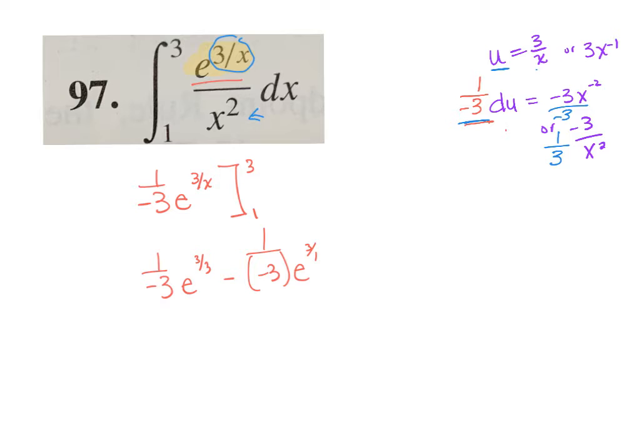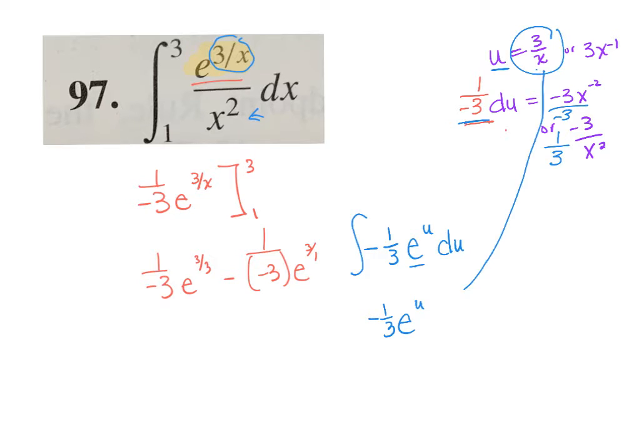So if I were to rewrite this, this would look like -1/3 e to the u du, right? The antiderivative of e to the u is just e to the u. So you get e to the u, and then replace your u back in here. So that's how I got -1/3 e to the 3 over x as my antiderivative. And then you just plug in your numbers, 3 and 1. So anytime you have an e to the something over x, and then you have something on the bottom that's an x, you're going to use a u substitution there.